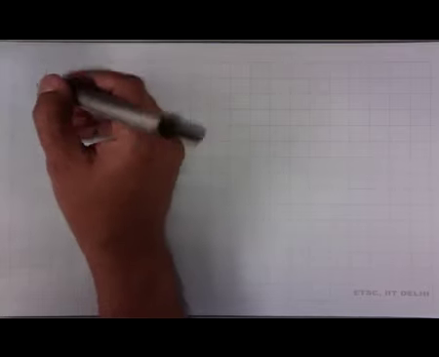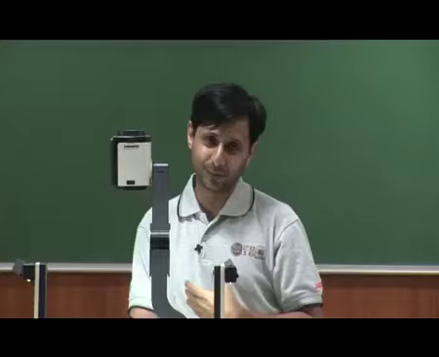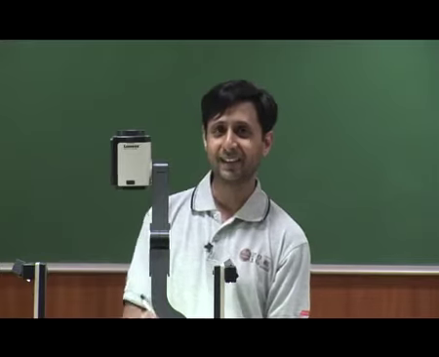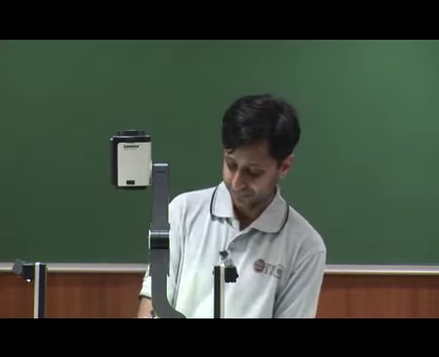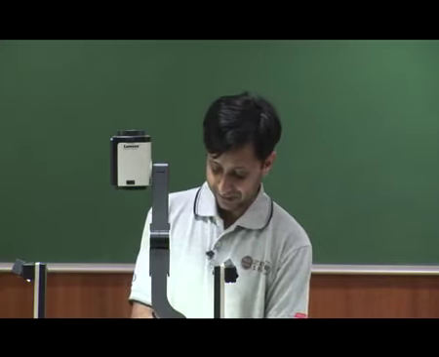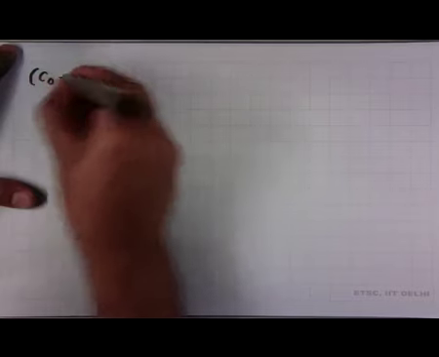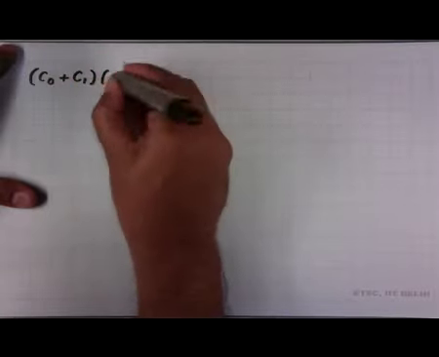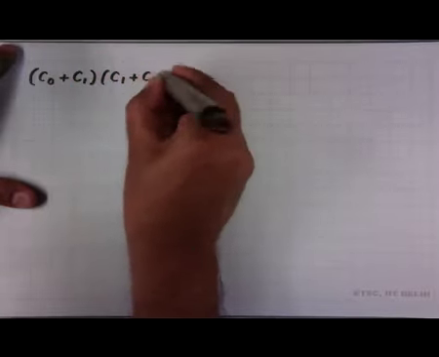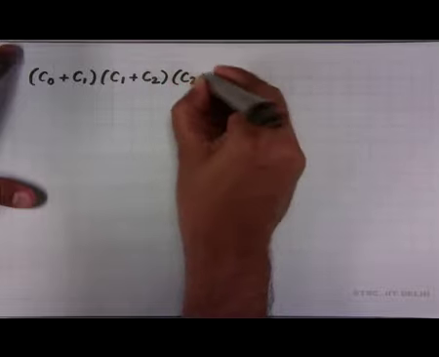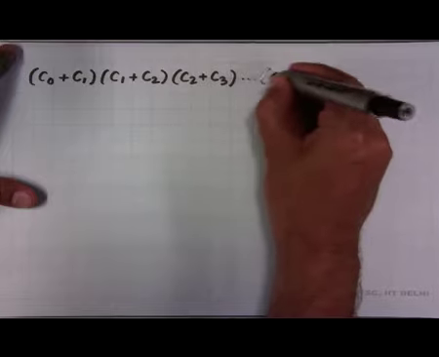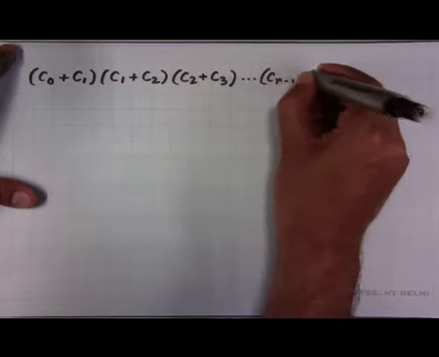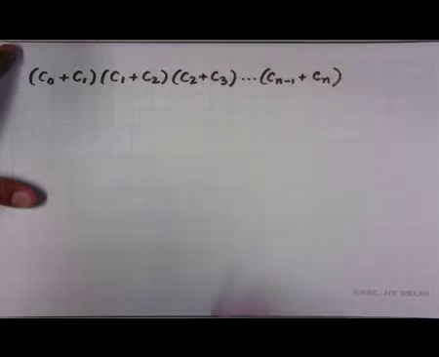identities. Okay. So, we have done a few identities a long time back, but this is once again going back to a few identities, because these are the harder ones. One popular identity is this: C 0 plus C 1 times C 1 plus C 2 times C 2 plus C 3 and so on, all the way till C n minus 1 plus C n.